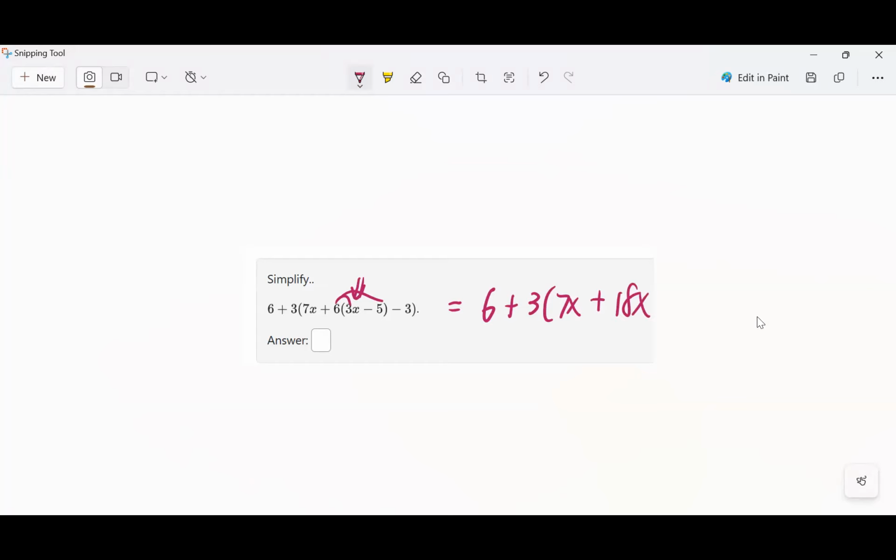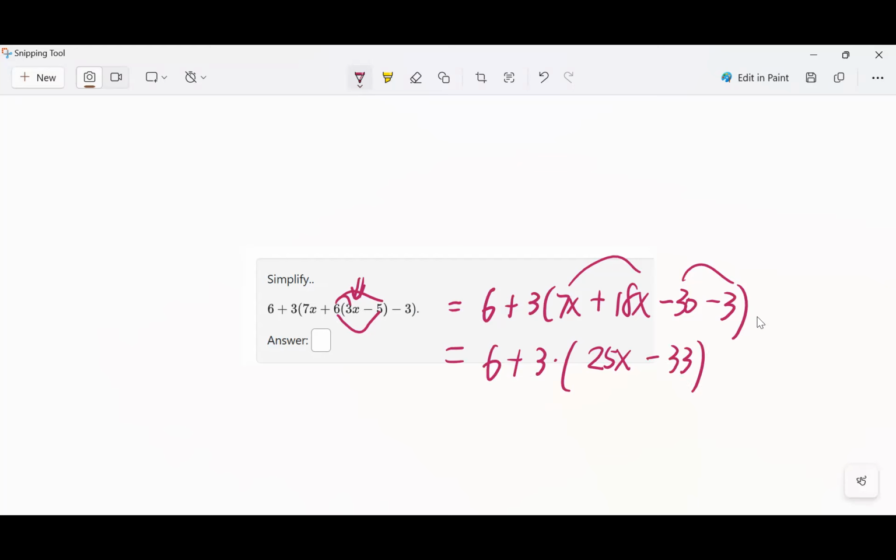Then 6 times -5, plus minus is minus, 6 times 5 is 30, and minus 3. Now we only have one parenthesis left. Inside the parentheses, we combine like terms: 7x plus 18x is 25x, and then minus 30 minus 3 is minus 33.